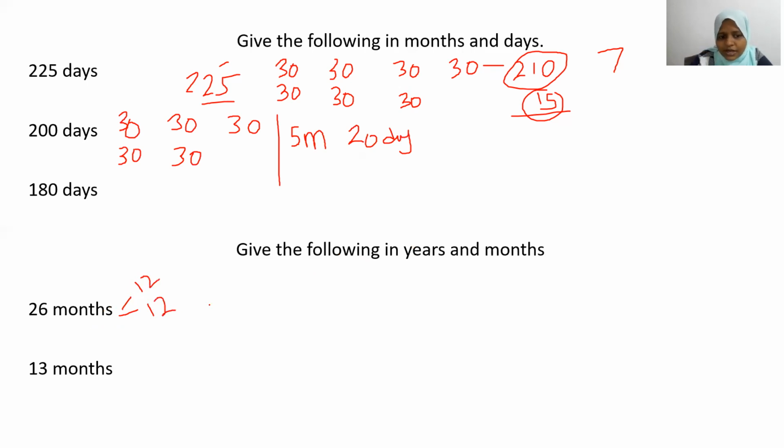So 2 is the balance. So here you have 2 years and 2 months. Look at 13. In this 13, there is only 1 12. So 1 year and the remaining is 1 month. In 13, if you take 12 out, there is only 1 balance, right? So 1 year and 1 month.